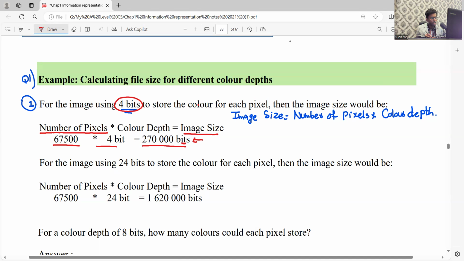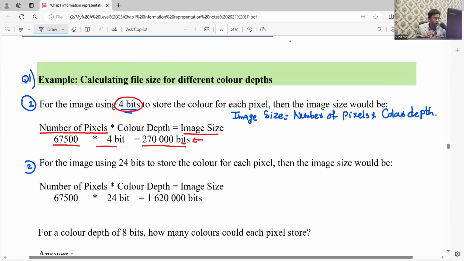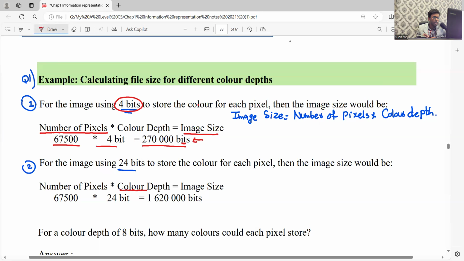So here is yet another example, and in this example it says that for the image using 24 bits to store the color for each pixel, the image size would be. So here I am given that the color depth is 24 bits, and the number of pixels is 67500. If I multiply them, this is going to be my answer, 162,000 bits.